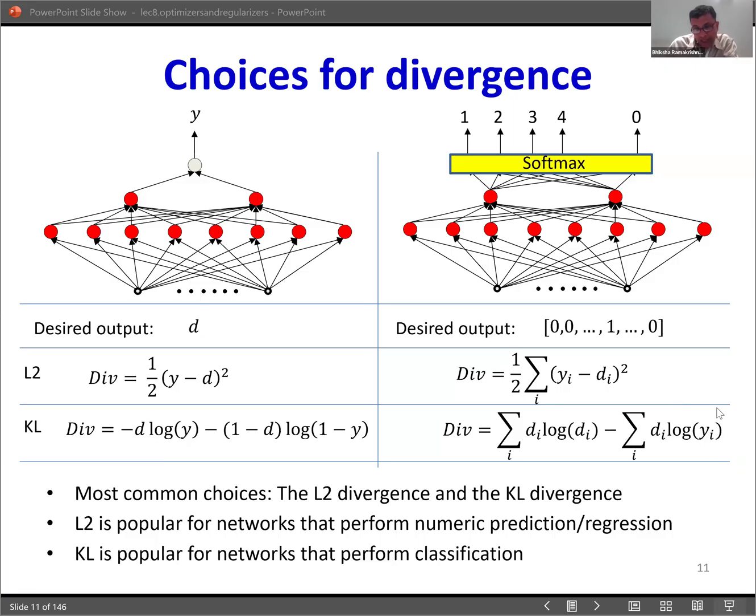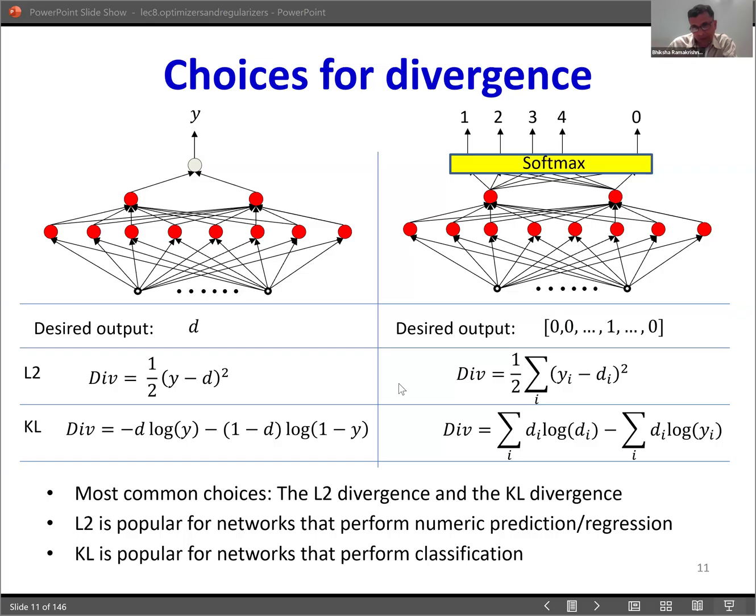And if the probability assigned to the correct class is 0, this becomes infinity. So this too has the property that when you're very wrong, the divergence is infinite. Again, you could also use the quadratic divergence for the classification network instead of the Kullback-Leibler divergence.